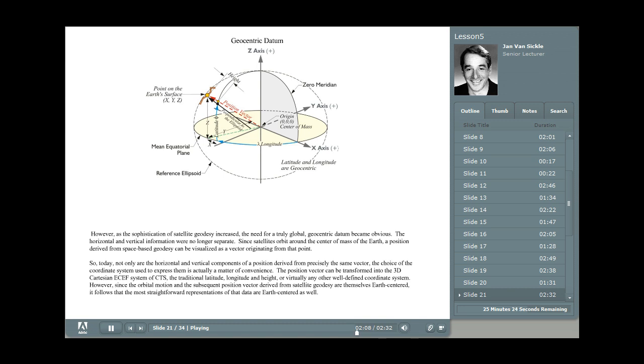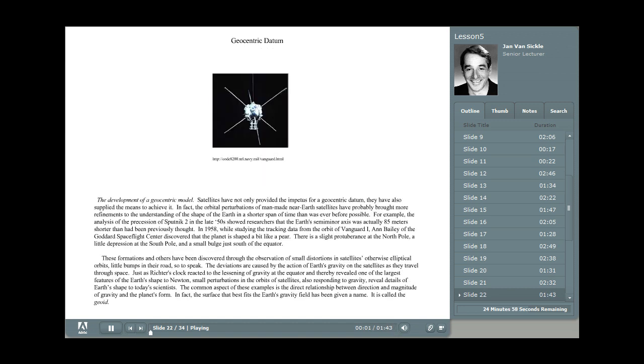So, we can identify this position on the Earth's surface by an Earth-centered, Earth-fixed XYZ coordinate, or we can identify the same point with a geodetic latitude and longitude and height. These are just different coordinate systems for expressing the position of the same point. However, change the datum and the coordinate changes.